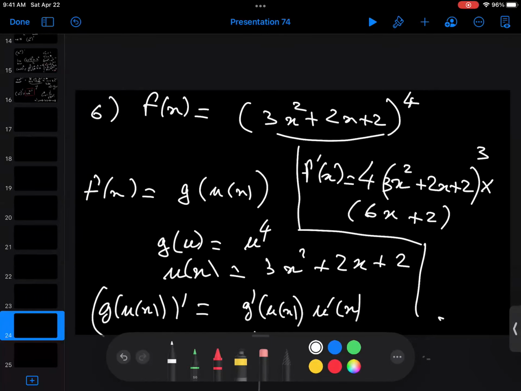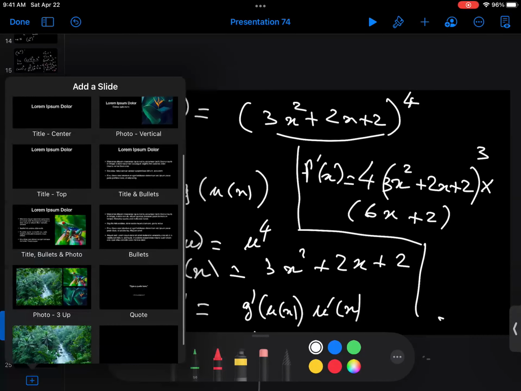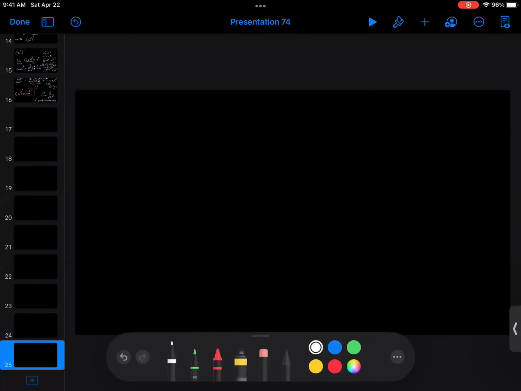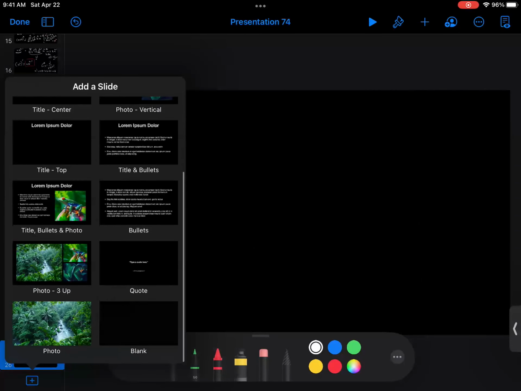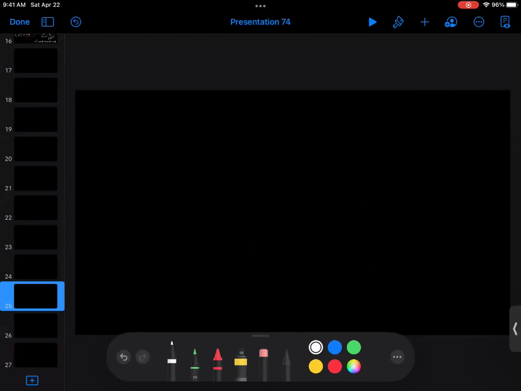All right, let's finish with another few examples. Let's look at the derivative of the cosine.